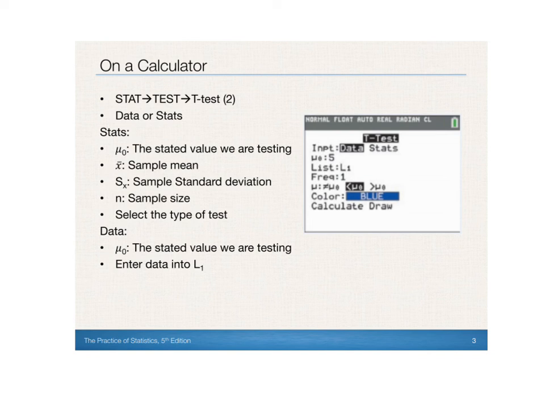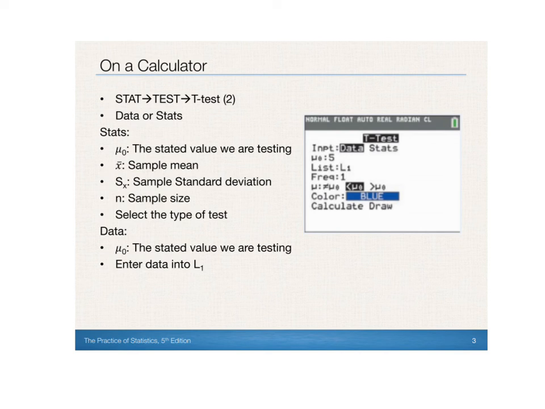If you want to do a hypothesis test for a mean on your calculator, you're going to start by going to STAT, over to TESTS, and then you're going to be looking for a t-test. That's the type of test we use for means, which is the second option. When you do one of these, you have an option, just like for confidence intervals, to either input your data as a list or as statistics. If you choose statistics as the input, you'll need to give the mean, the stated value that you're testing.